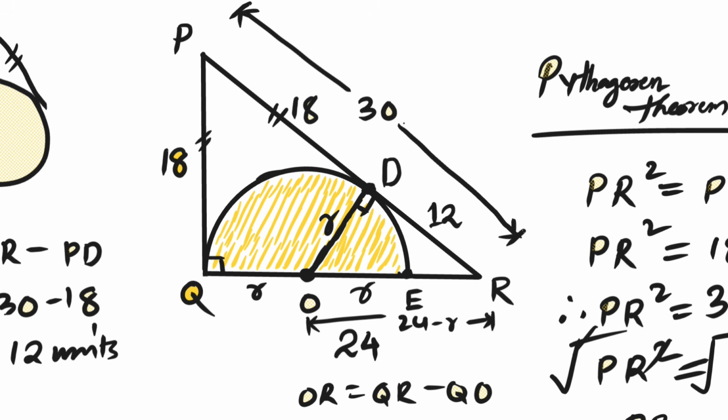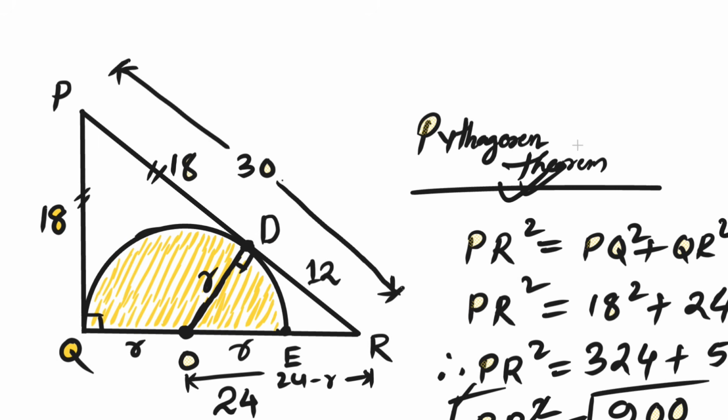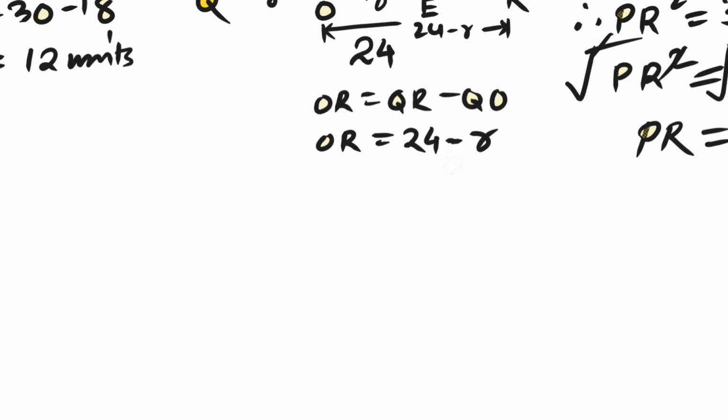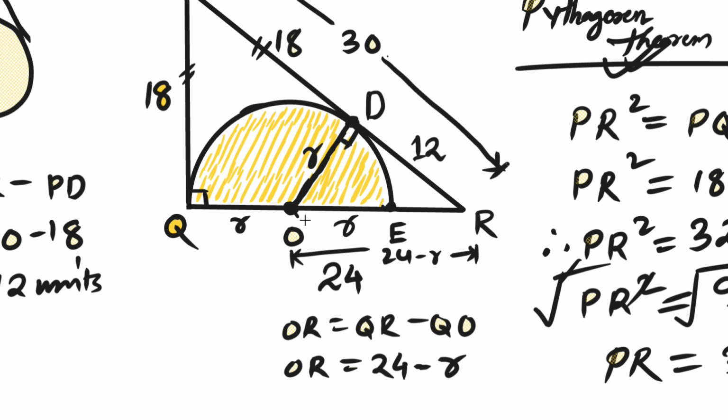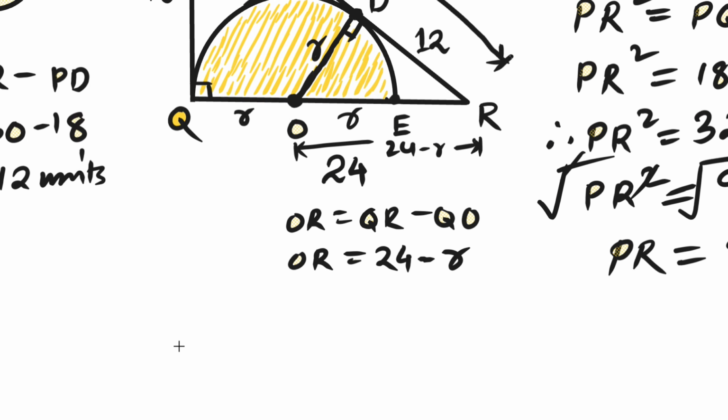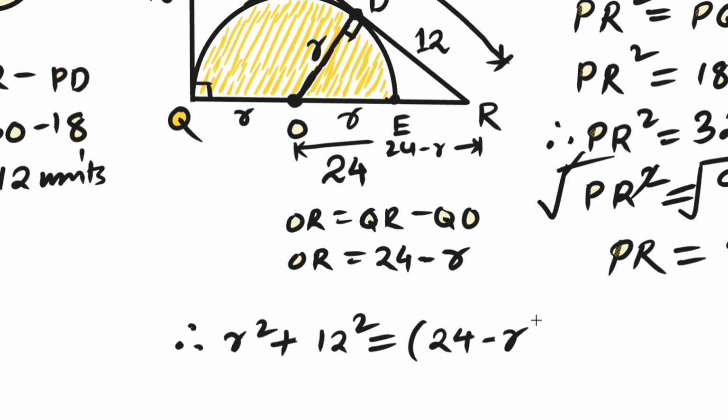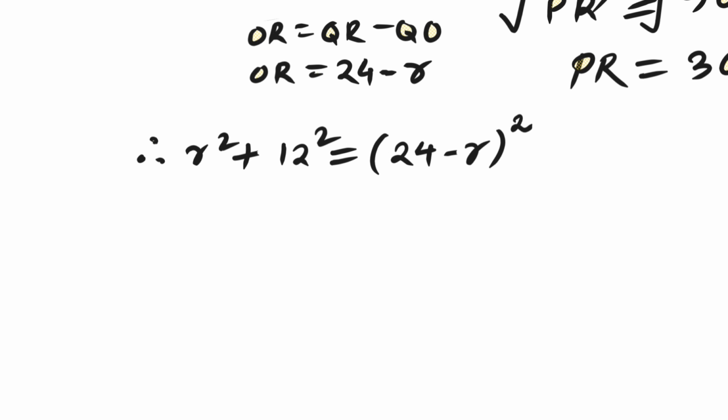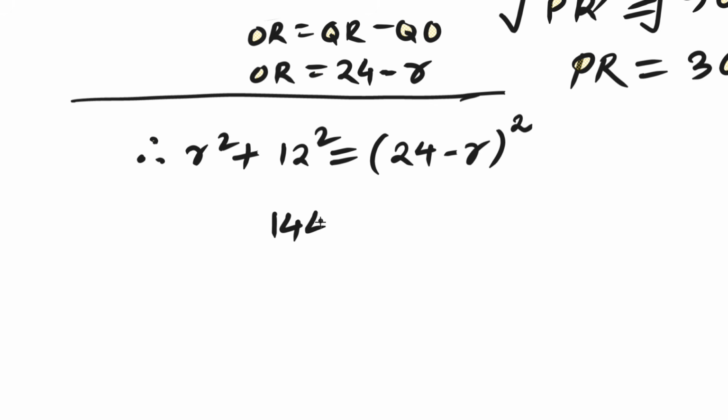This is the key step because now we can use the Pythagorean theorem again. For this right triangle, the square of one leg plus the square of the other leg equals the square of the hypotenuse. Therefore, we have r squared plus 12 squared equals the quantity 24 minus r, all squared. Let's simplify this carefully. 12 squared is 144, so the left side becomes r squared plus 144.